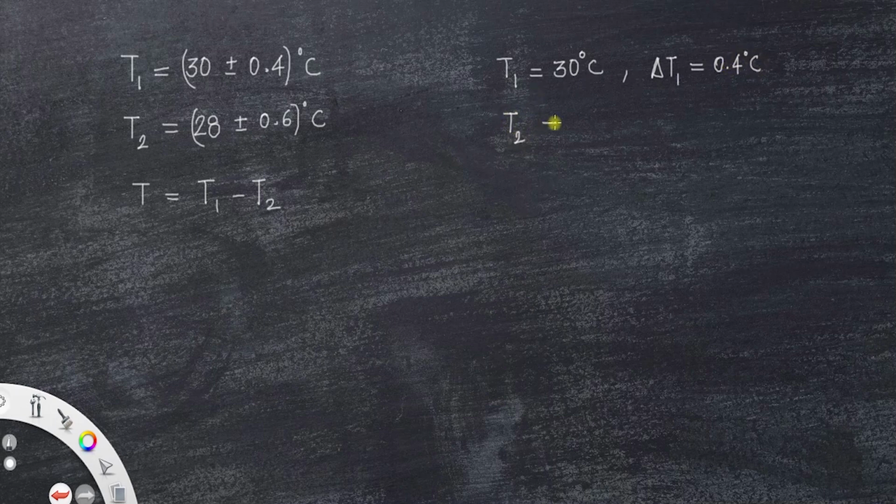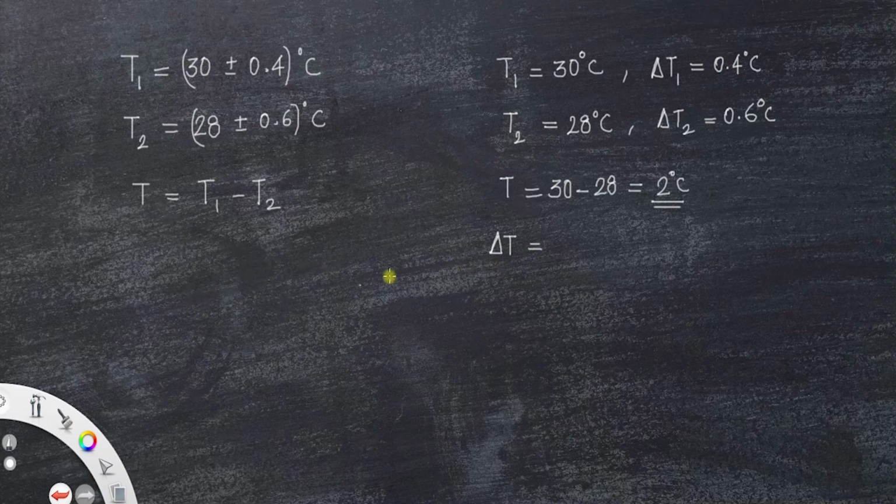Similarly, T2 is equal to 28 degrees Celsius and delta T2 is equal to 0.6 degrees Celsius. First you have to find this T. That will be the difference of these two temperatures, so 30 minus 28, which is equal to 2 degrees Celsius. Now we know the absolute error always adds. So we proved that before.